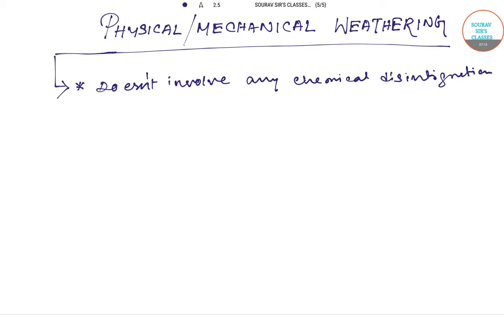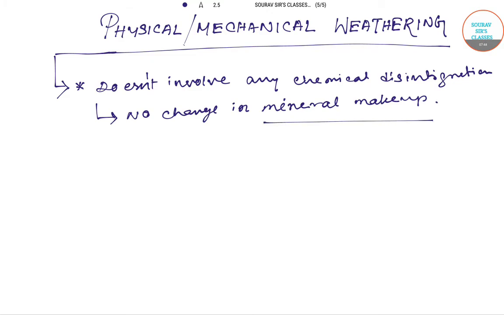And there is no change in mineral makeup. As I already told you, there is a change in mineral makeup in chemical weathering, but in the case of physical or mechanical weathering, there is no change in the mineral makeup.